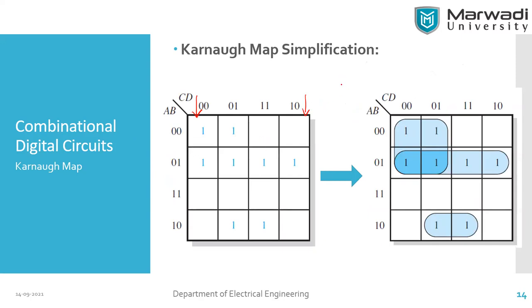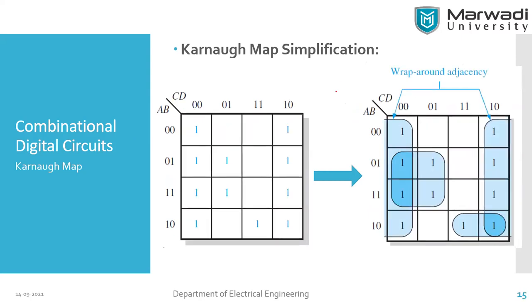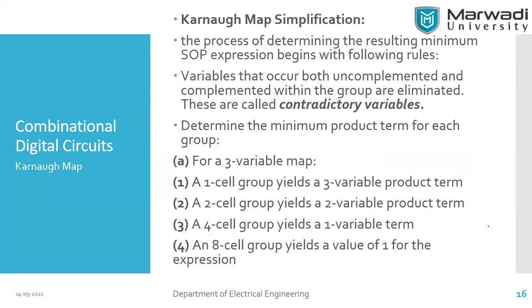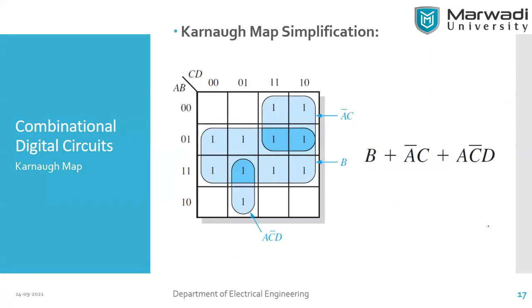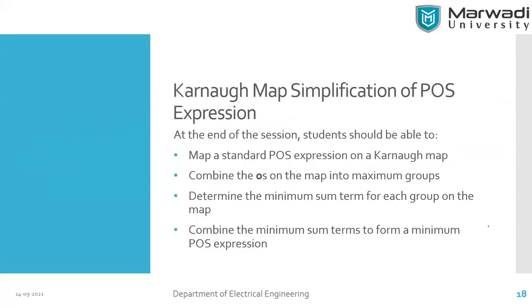So in that case also we find the wrap around adjacency. It's an octal, 4 here and 4 here. Then we simplified Karnaugh maps for a 4-variable here, right?